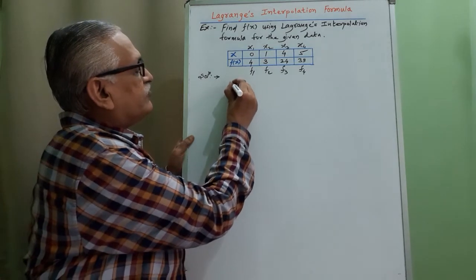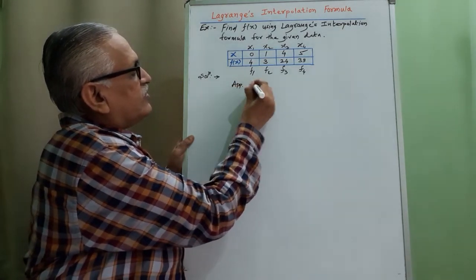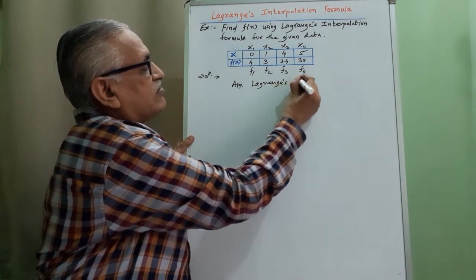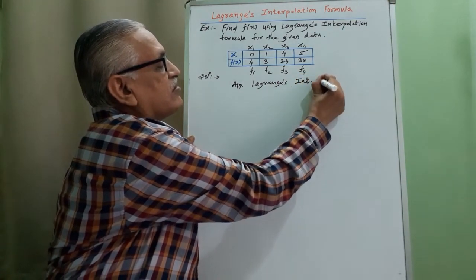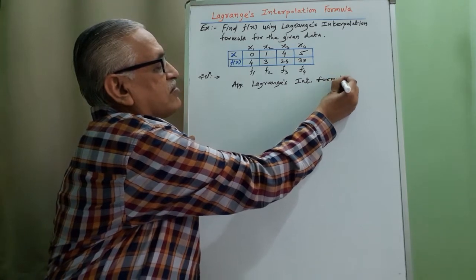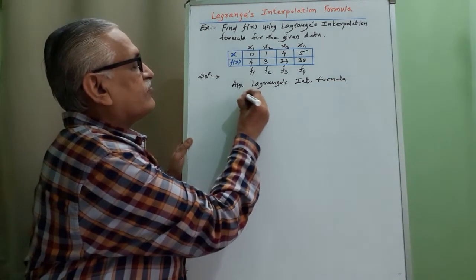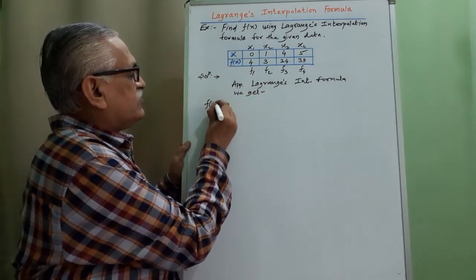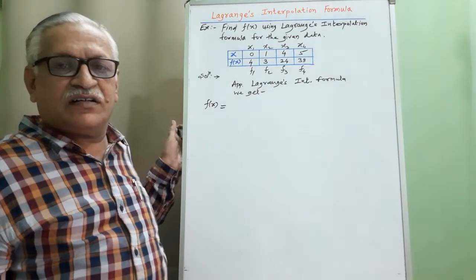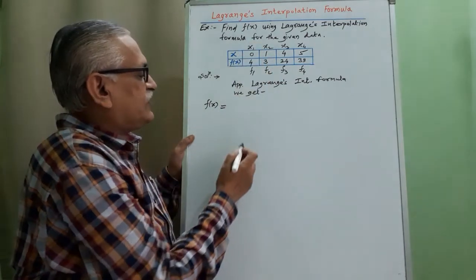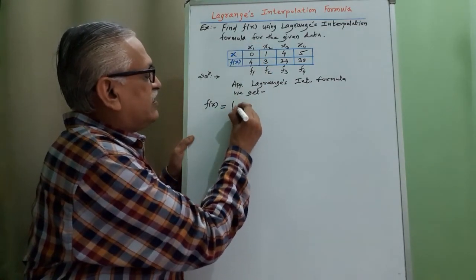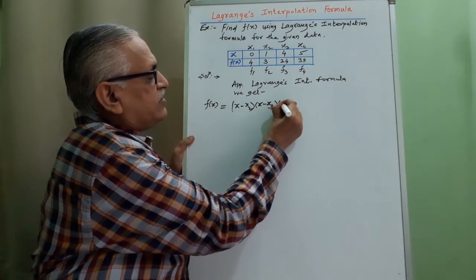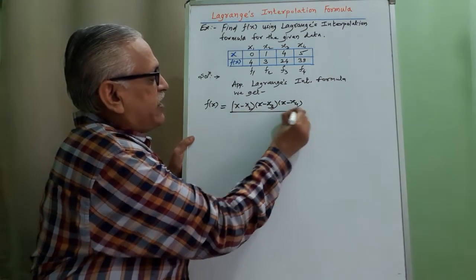And then applying Lagrange's interpolation formula, we get f of x equal to, as I had discussed in the earlier two videos, first we neglect the first point and write down the product for the remaining as x minus x2, x minus x3 and x minus x4, the last point, divided by the neglected point.